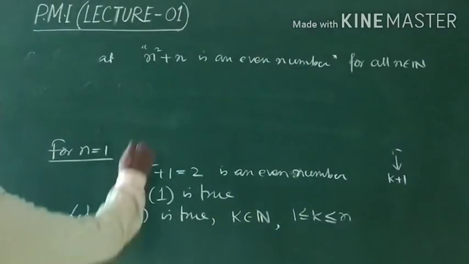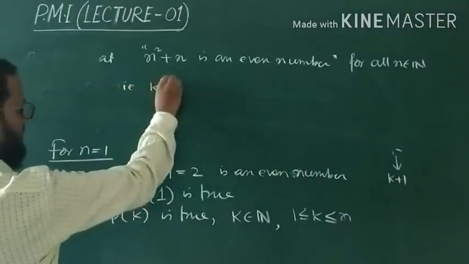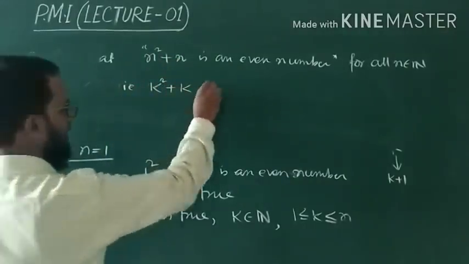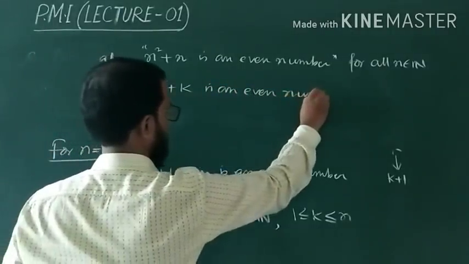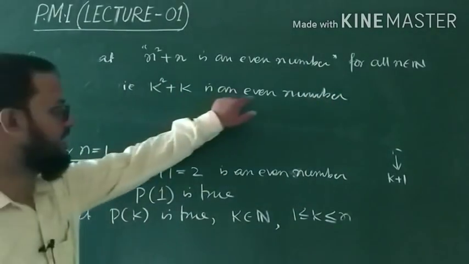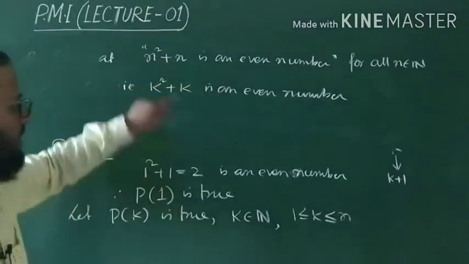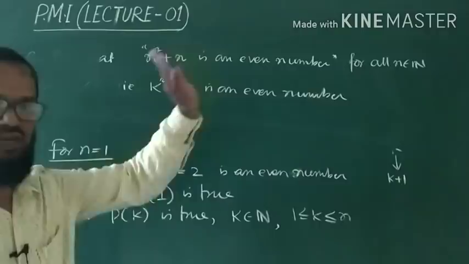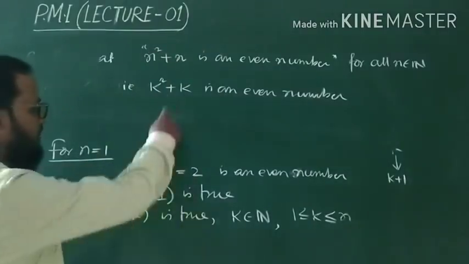Pk is true means k square plus k is an even number. In place of n, k comes in. So Pk is true means k square plus k is an even number. Okay, this statement is true.